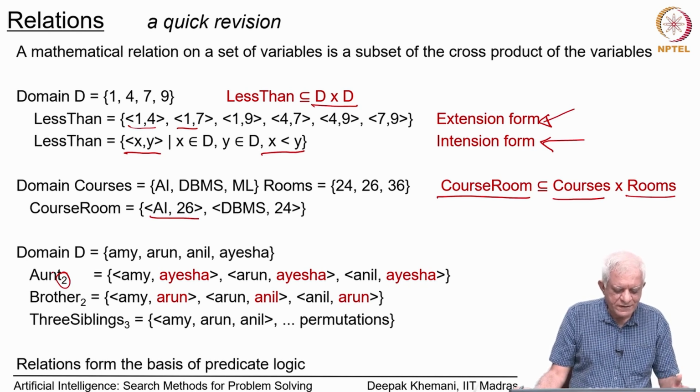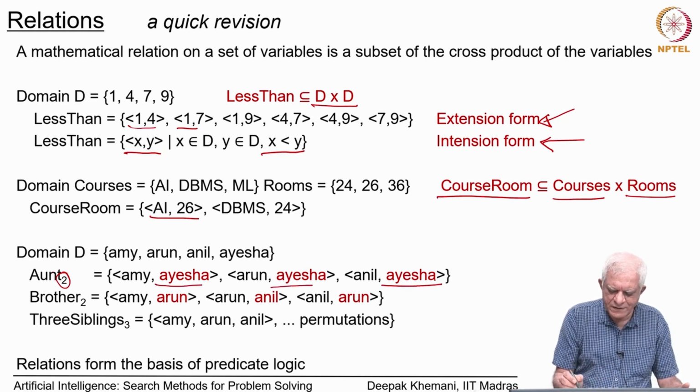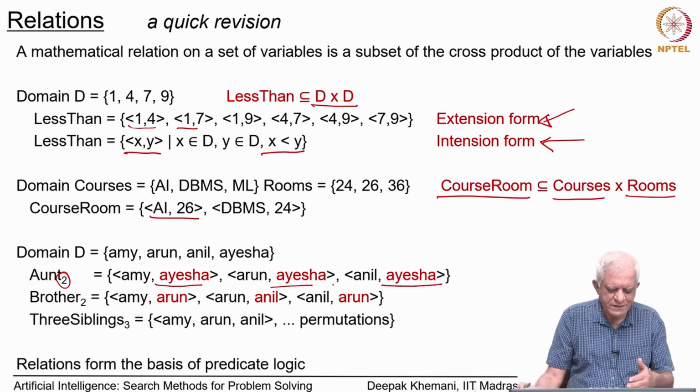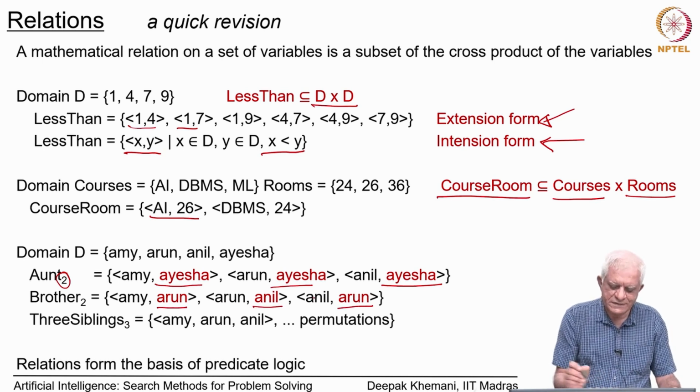And this aunt relation tells you who is the aunt of who. What I have highlighted in red is the name of the aunt, and there are these 3 people whose aunt she is essentially. Likewise, I have said here that Arun is the brother of Amy, Anil is the brother of Arun, and Arun is the brother of Anil essentially.